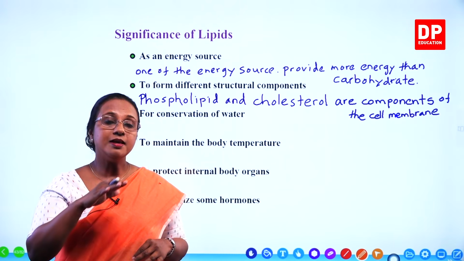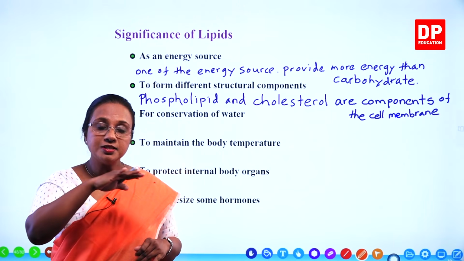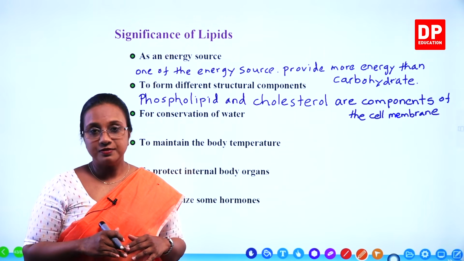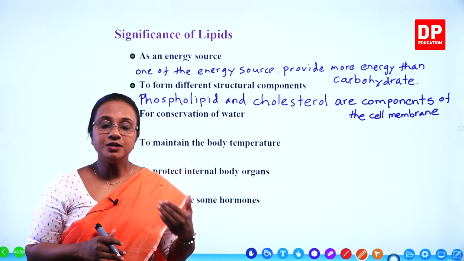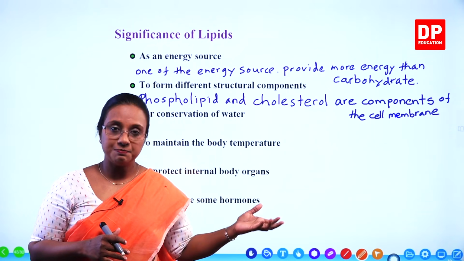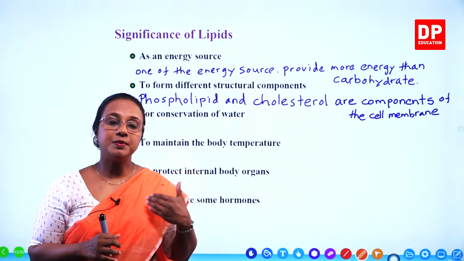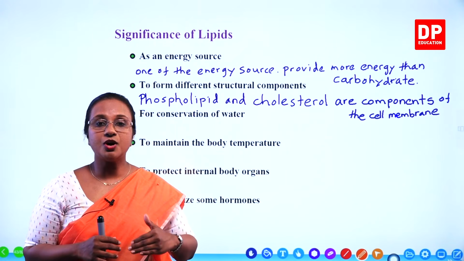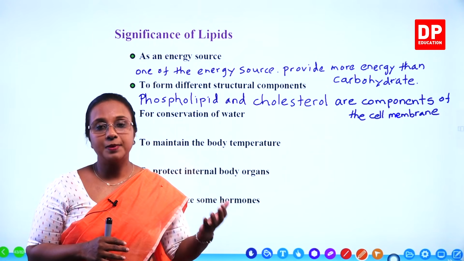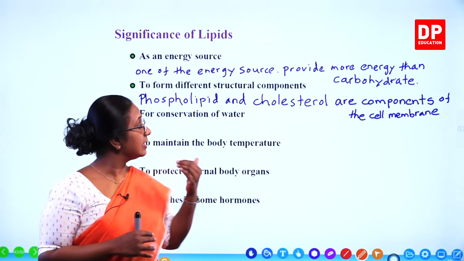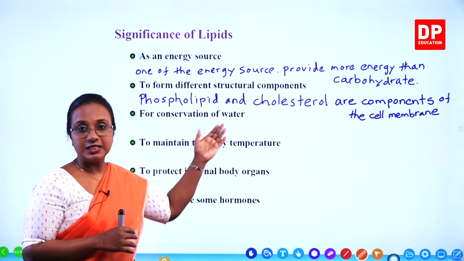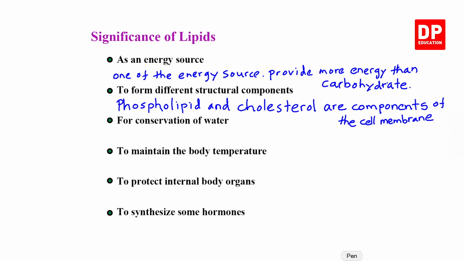The lipid that is present on the top layer of these leaves is called cutin, and this cutin is a lipid, and this prevents loss of water from the plant. So, therefore, lipids help to conserve water within the plant. So, one significance is conservation of water.